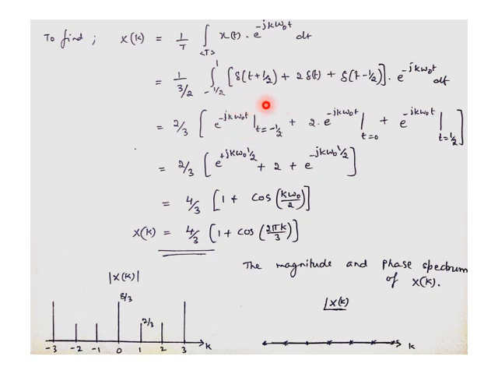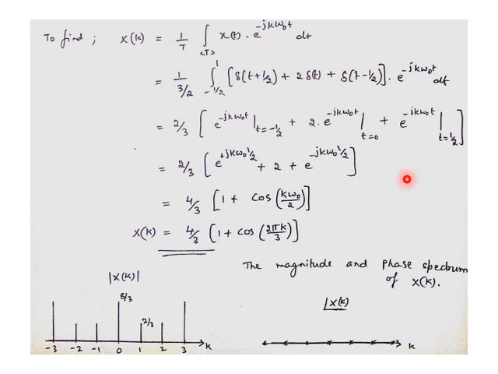So what we can consider directly is that delta always has one value, which is defined when t is equal to minus half. So e to the power minus jk omega naught t, where t equal to minus half, 2 into e to the power minus jk omega naught with delta t equal to 1 will be at t equal to 0. So here the delta term will be 1 when t is equal to half. So that is into this term, e to the power minus jk omega naught t with t equal to half.